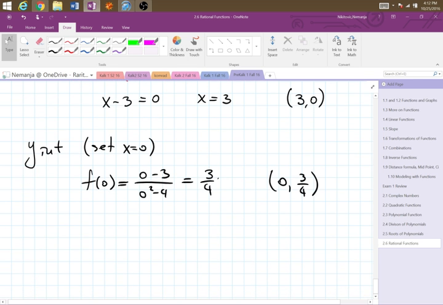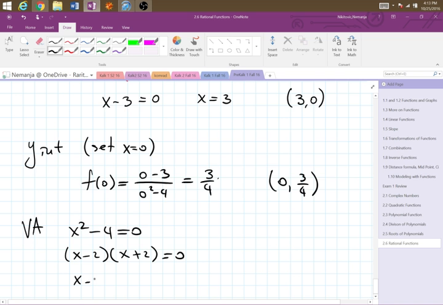Where are the vertical asymptotes? Very good. What do we get? Excellent. So we have two vertical asymptotes at x equals 2 and x equals negative 2. Nothing canceled. Remember that cancellations affect these, so you have to be careful there.